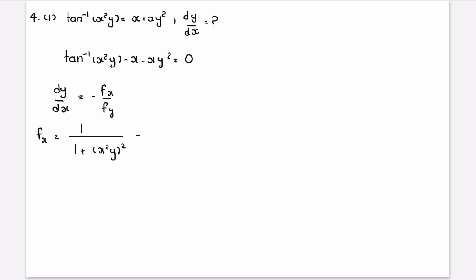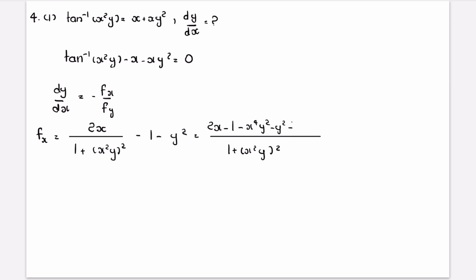So when we differentiate x squared y, we get 2xy minus 1 squared, is 2xy minus 1, minus 2, minus 1 squared, minus 4.